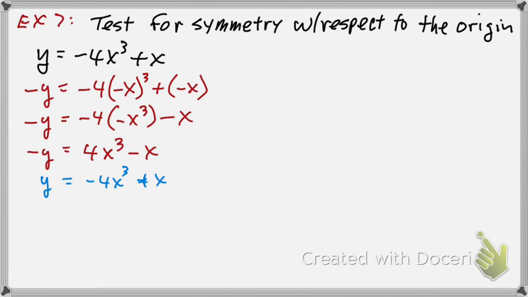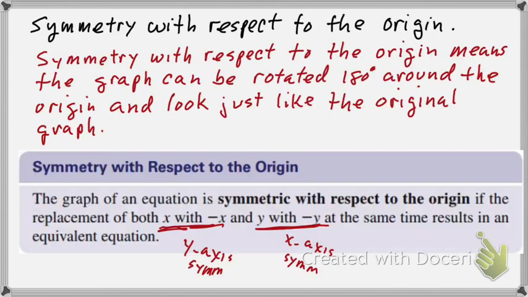Now here's a question. Stop writing for just a second. Does that mean it's got symmetry about the x-axis and symmetry about the y-axis? Let's look back. Here we said, if it's got symmetry about the x-axis and also symmetry about the y-axis, it's got symmetry about the origin.